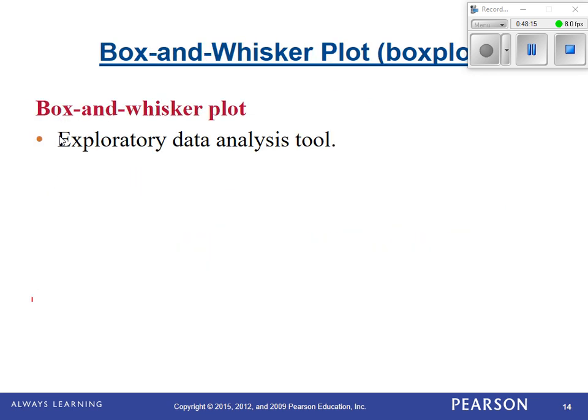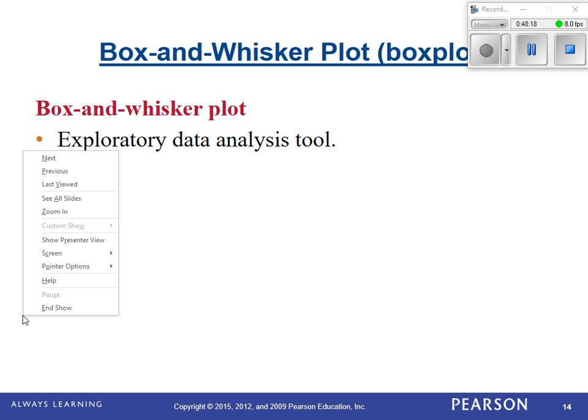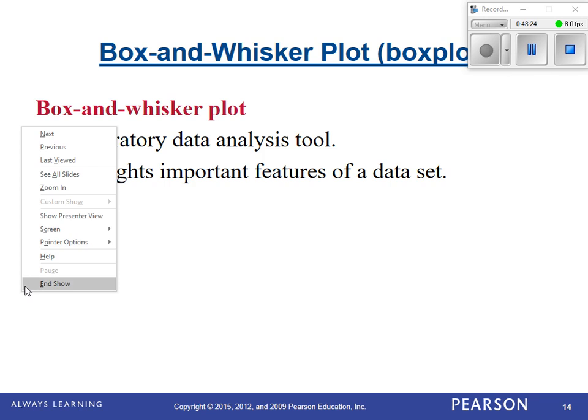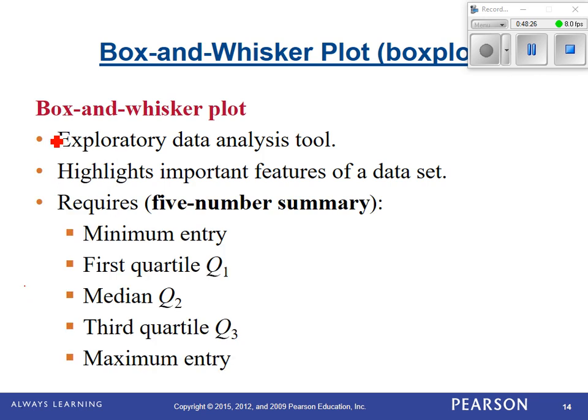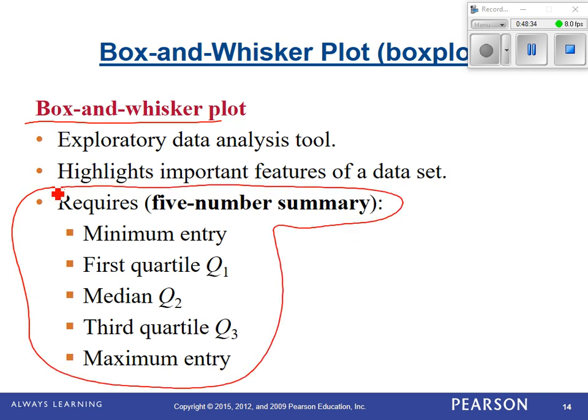Box and whisker plot. A box and whisker plot is just a way to analyze data. I would write down box and whisker plot, and I would write down this: 5-number summary. You got to know these 5 numbers to make a box and whisker plot.